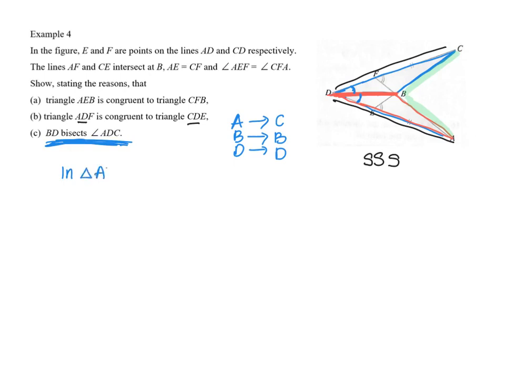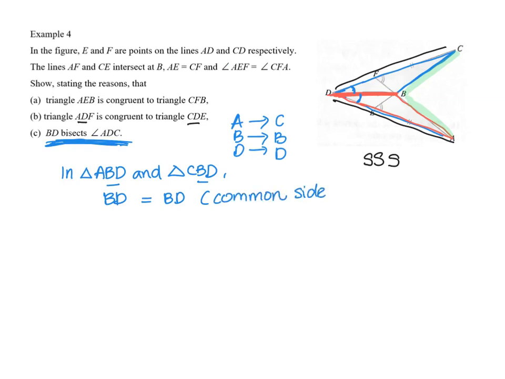In triangle ABD and triangle CBD, let's start with our first side. Our first side is the common side, BD is equal to BD. Of course, because it's common.